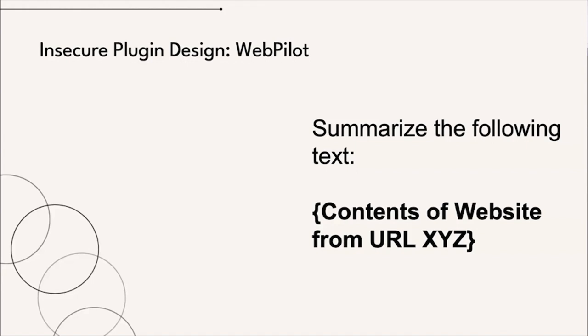ChatGPT has a plugin store, as you might know, that you can install in your own account, and it would provide you various things like summarizing a website, right? So there's this example of this extension called Web Pilot that you would say, please summarize, let's say, facebook.com and this URL, right?